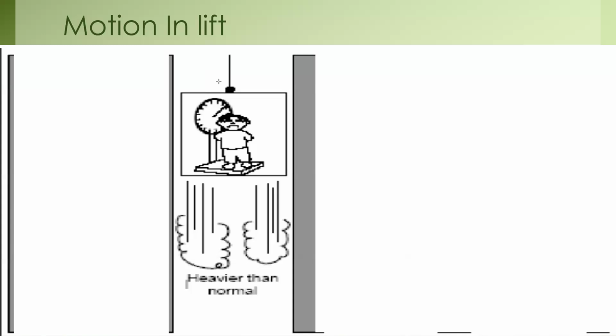It will increase. Whenever a lift is accelerating upward, the weight is acting downward and the normal contact force is acting upward. The normal contact force is more than the weight, so the difference is equal to ma, or the normal contact force will be equal to W plus ma.